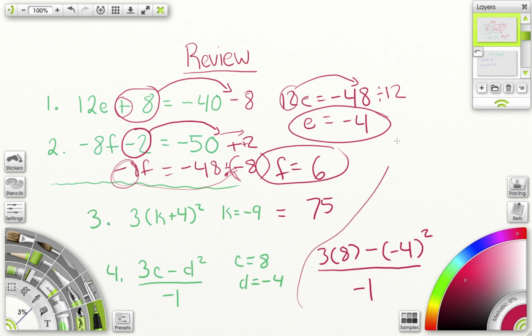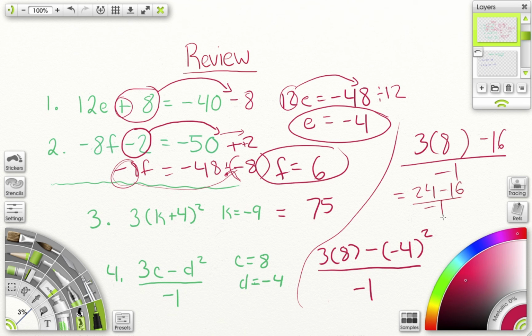I'm actually just going to continue this over here. So 3 bracket 8 minus 16, whoops, I just realized what I did there. Minus 16. So over -1, 3 times 8 equals 24, minus 16 over -1.